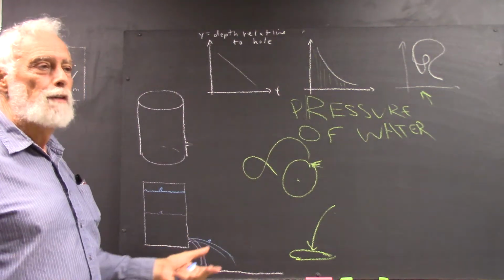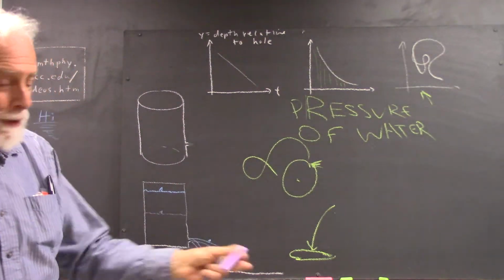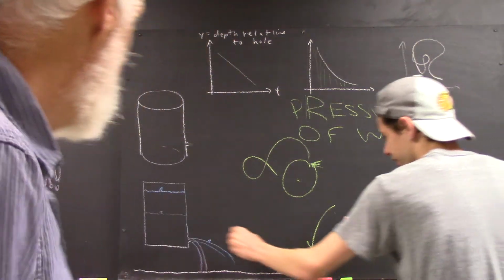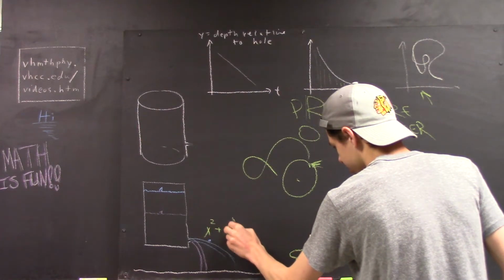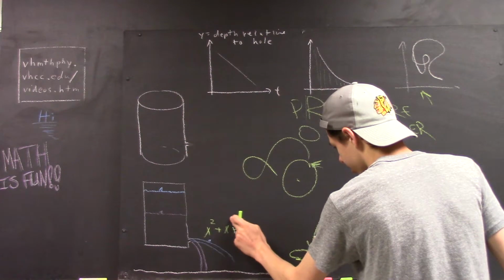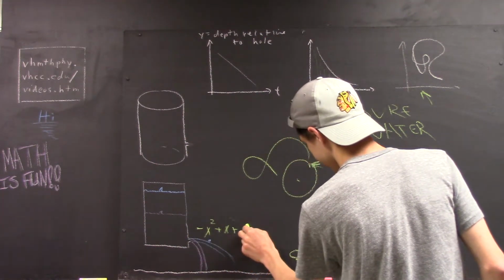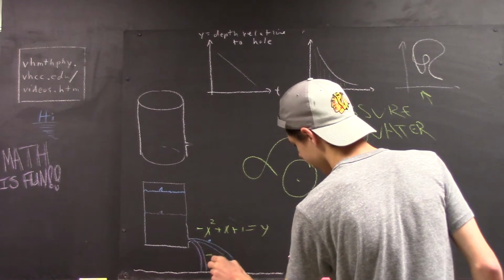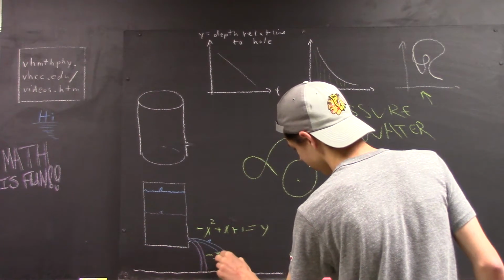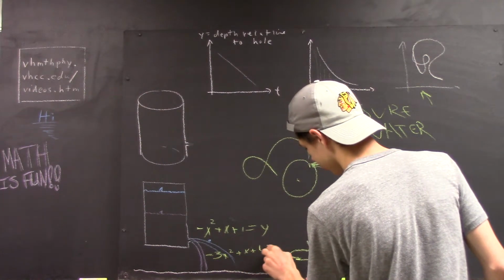But if you have no resistance, you have no air, so the water boils, so that kind of breaks down. But if this one was like x squared plus x plus 1, this one would be like negative x, and then this one would be y. This one would be like negative 3x squared plus x plus 1.